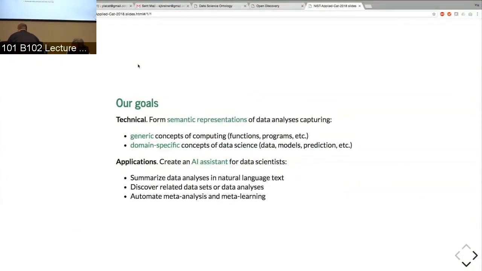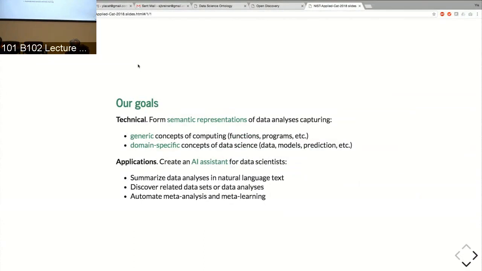At a technical level, the goal of this project is to create an automated method for extracting a semantic representation of a data analysis, so a representation that's interpretable by machines.